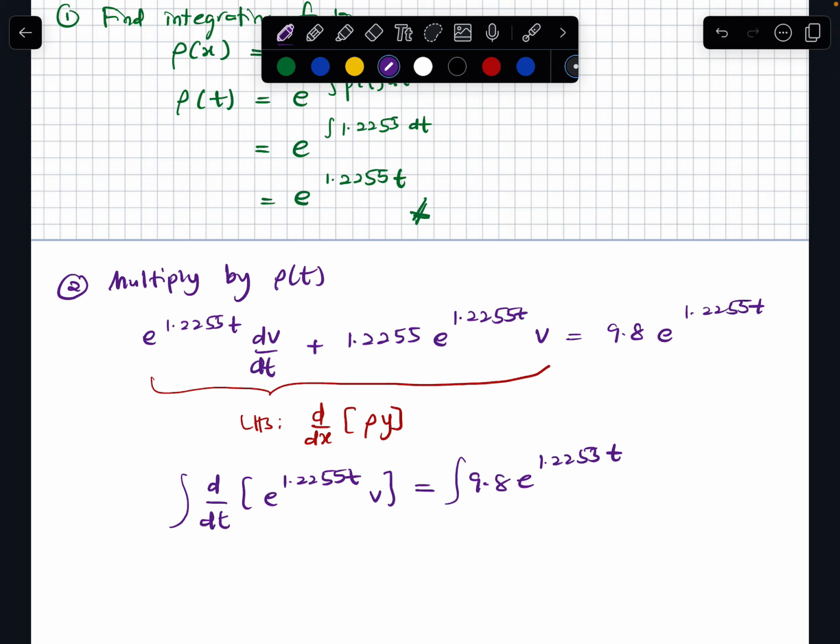So for the left hand side, since we have integration with differentiation, the answer is just what's in the bracket. So it is this one. And the right hand side should be the integration with respect to t. So if we integrate, we obtain this one.